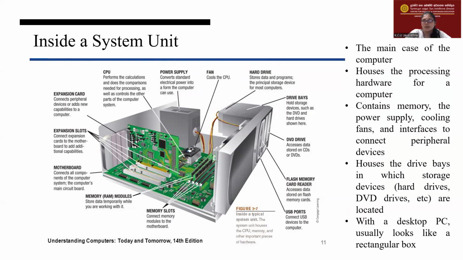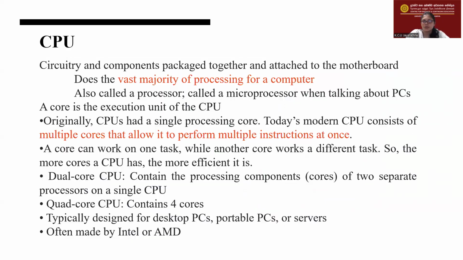As I mentioned earlier, the CPU does the calculation, processing, decision making, and a lot of work in the system unit, and this is the main brain in the system unit.